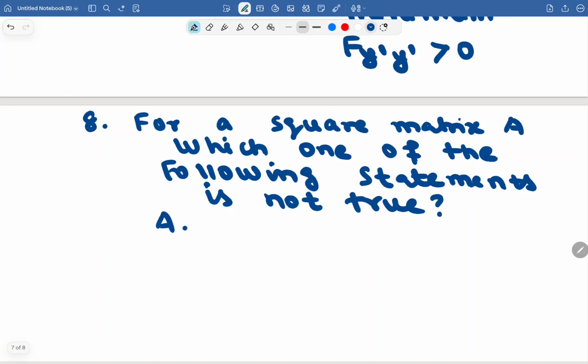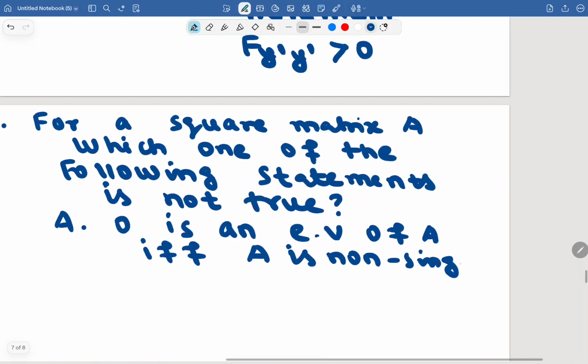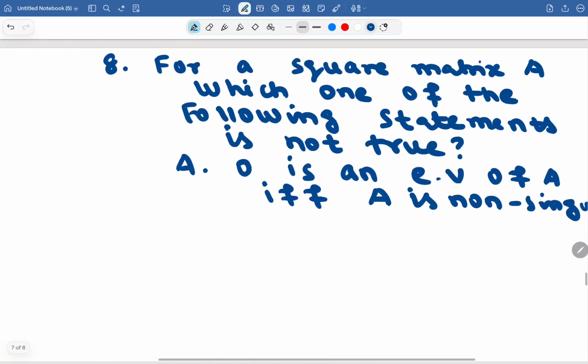Option A, 0 is an eigenvalue of A if and only if A is non-singular.